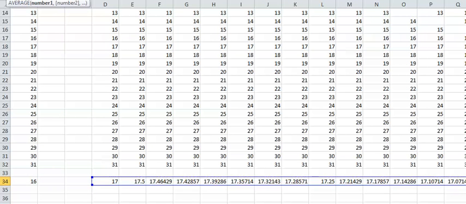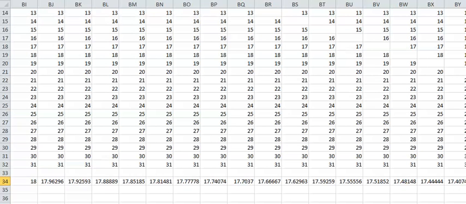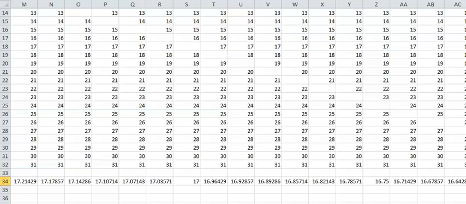The average of row 34, meaning the average of the sampling distribution, is that right there. So it should actually equal the population mean, which means there's something that I didn't do correctly.